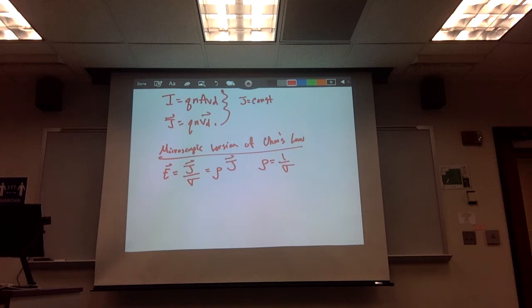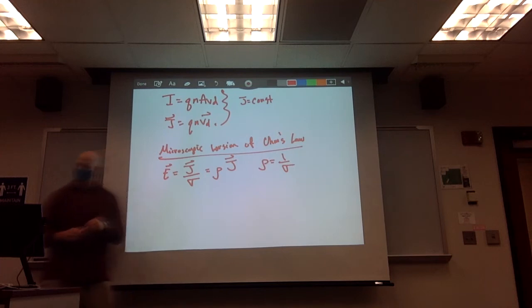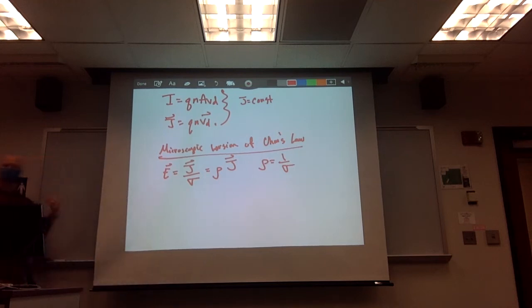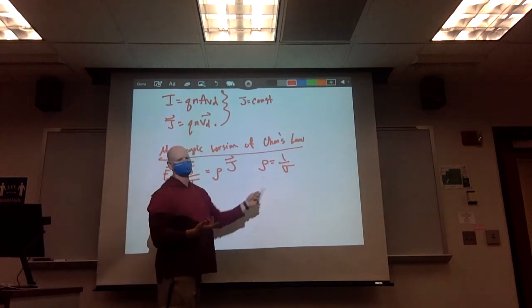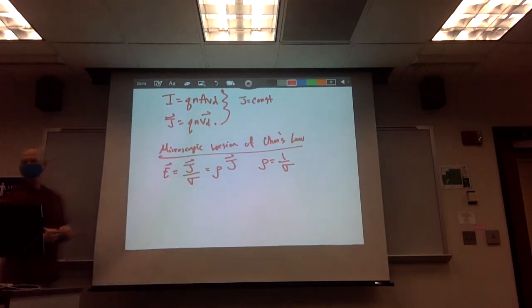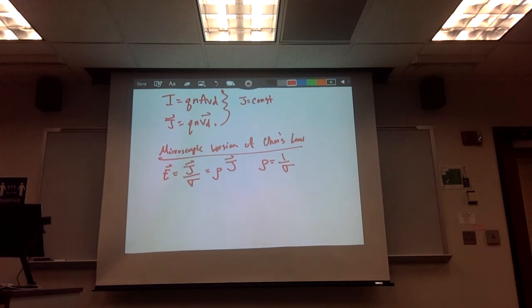So again, all this says is that resistivity is a measure of how good of a resistor it is. Conductivity is a measure of how good of a conductor it is. So I can't have a good resistor and conductor simultaneously. It's one or the other. So it's either a good resistor or it's a good conductor. That's pretty much about it. Okay.